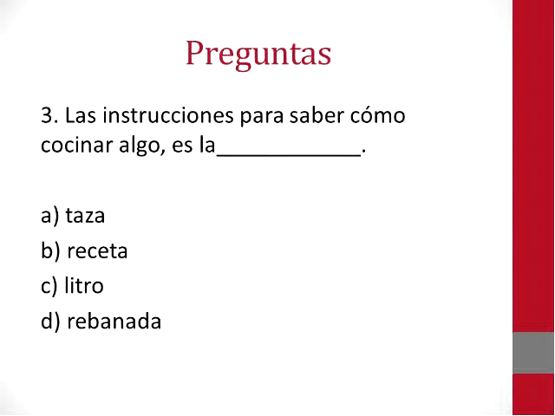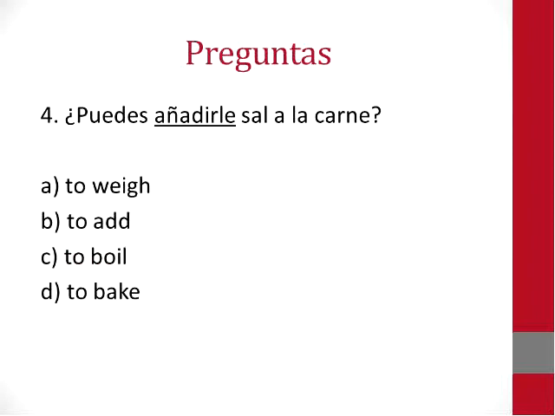Is it taza, receta, litro, rebanada? Pues una receta. Muy bien. Receta is what? A recipe. Yes. So we have taza, that's a cup, litro, okay, we have liter, and rebanada is a slice. So muy bien, receta.